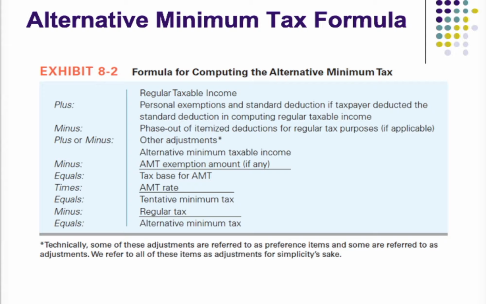Alternative minimum tax is the federal government's attempt to make sure that no one is able to game the system such that they avoid paying some minimal amount of tax.